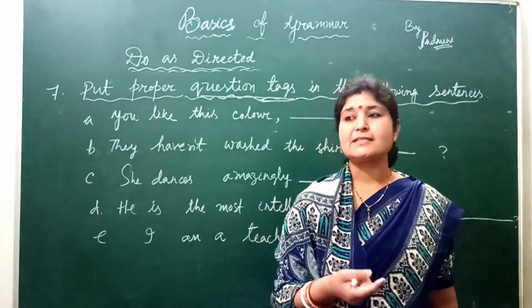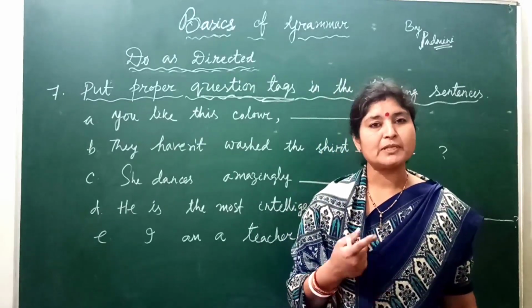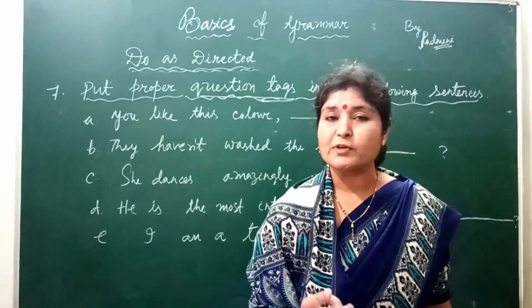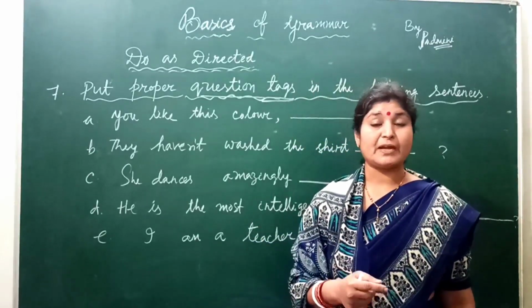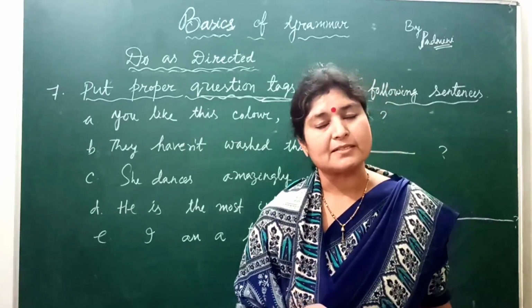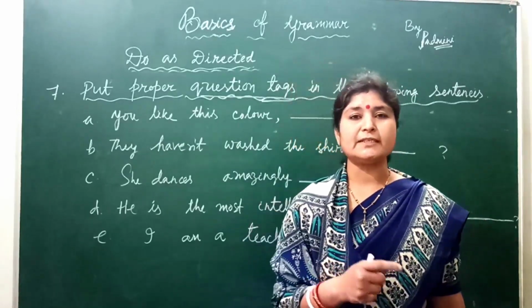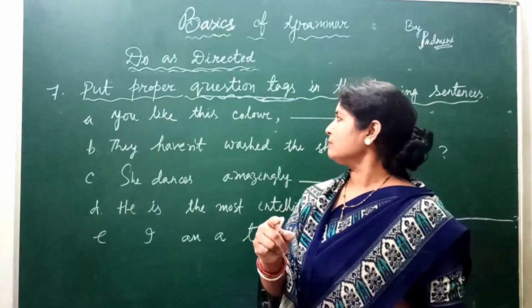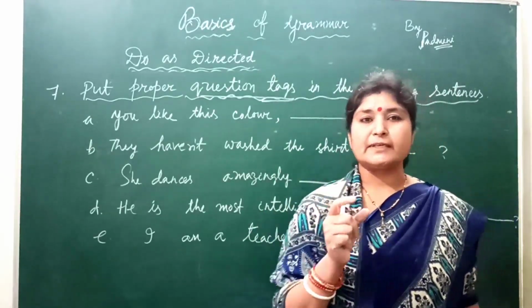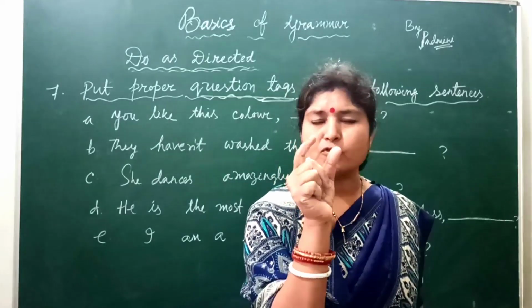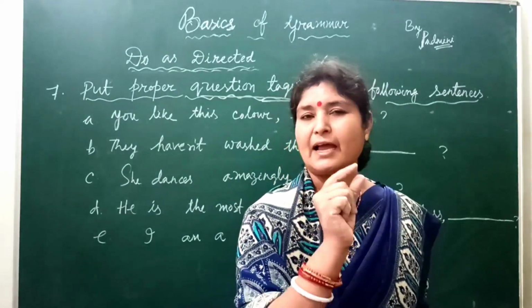One is WH question, formed by the WH family. Then next is yes no question, and the third one is known as the question tag. Add a question tag means the very short question you have to put in the sentence.